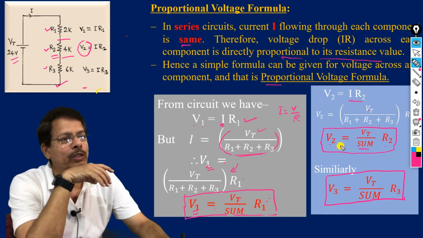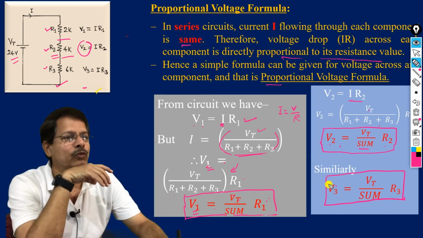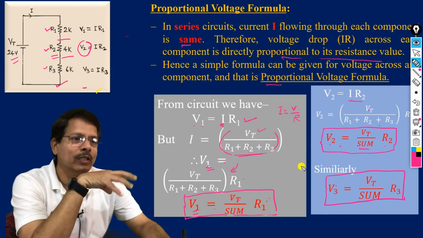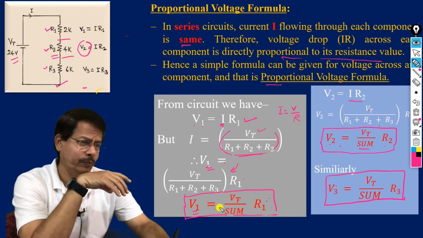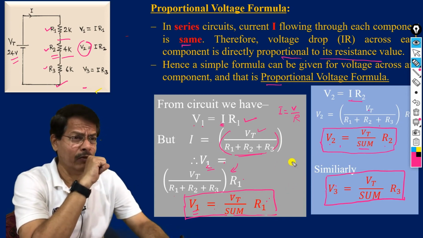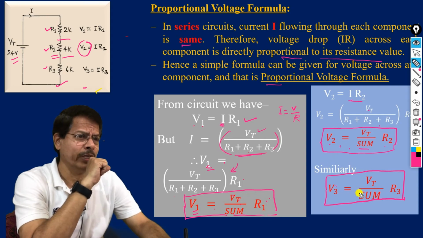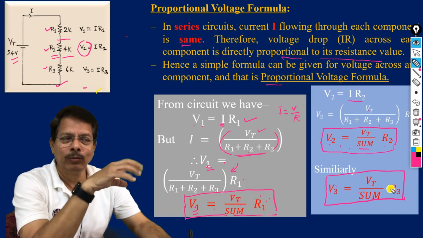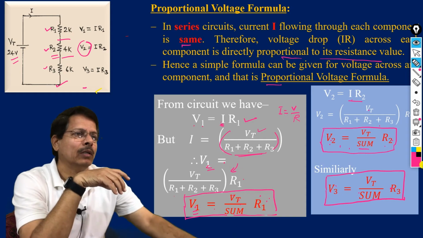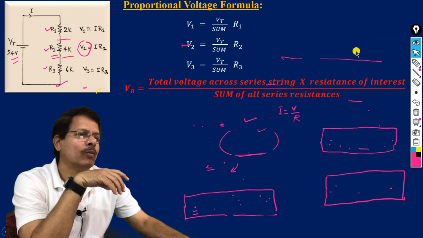Now you observe these three formulas V1, V2, V3, and what the common things are and what the different things are, just try to point out. Here Vt upon sum is common; if you want V1, take R1 here, if you want V2, take R2, if you want V3, take R3. So to remember this, you can have a simple formula like this.